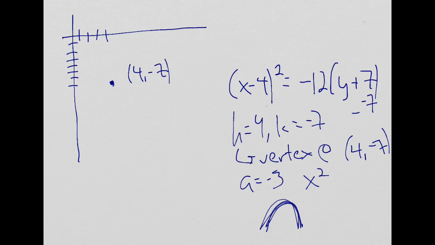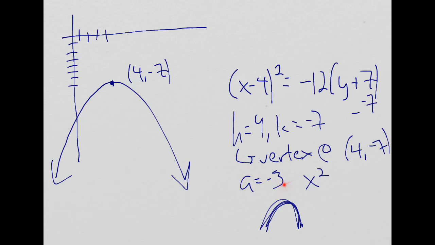Next, the a value is negative 3. Actually, before I do the a value, what I'm going to do is make it open the right direction. So I know it's got to open down. I'm not super concerned with how wide I make it. I just want to make sure that I open it down and then label the pieces in the right spot. So let's draw it in like this.